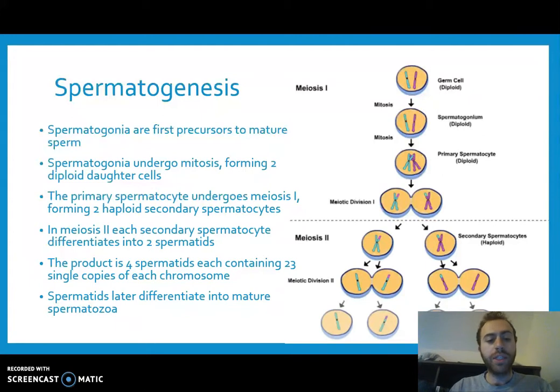In meiosis 2, the secondary spermatocytes differentiate into spermatids. 2 spermatids per secondary spermatocyte produces 4 spermatids. Each spermatid has 23 single copies of each chromosome, half of a complete set of 23 pairs of chromosomes, the egg having the other half. The spermatids then differentiate into mature sperm cells, also known as spermatozoa, during the process of spermiogenesis.